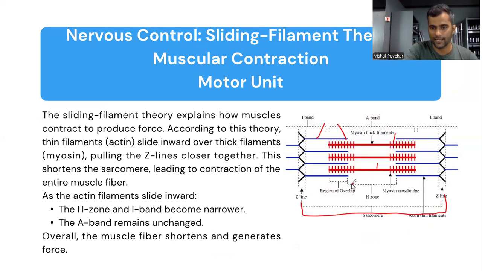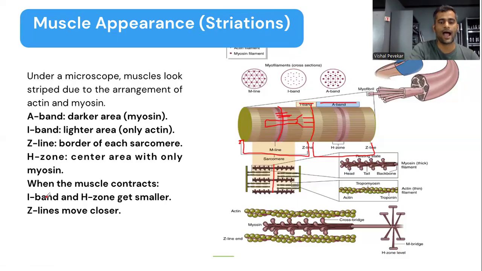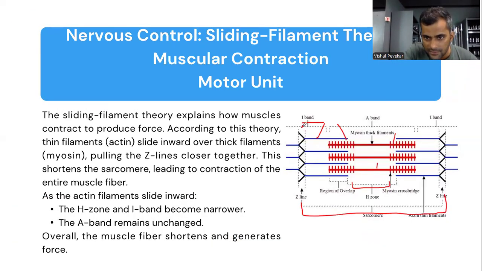Now, see this, this is the distance of the I band, and the H zone, these two. So when the muscle contracts, the I band and the H zone, this distance and this distance, become small.